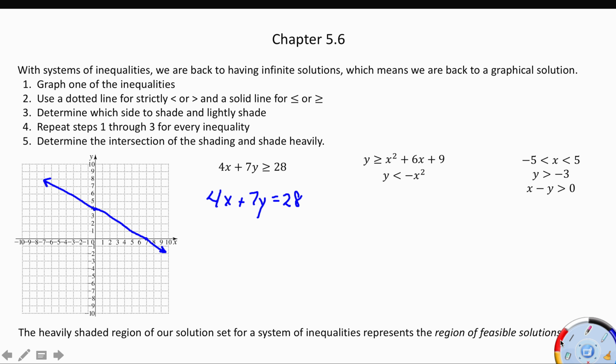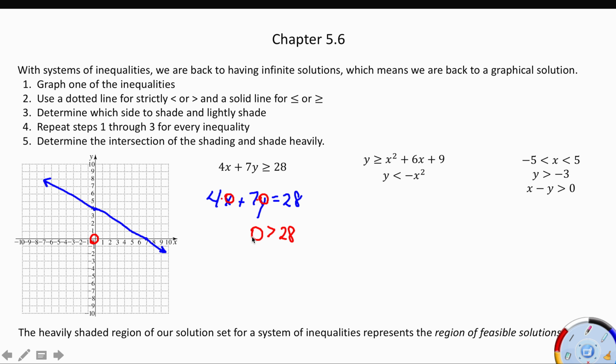And to determine the values that make 4x plus 7y greater than 28, I'm going to pick a point. I'm always going to pick the point 0, 0 if I can, because that makes my math very easy. This is the point where x is 0 and y is 0. If I plug in a 0 for x and a 0 for y, then 0 plus 0 is 0, greater than 28.